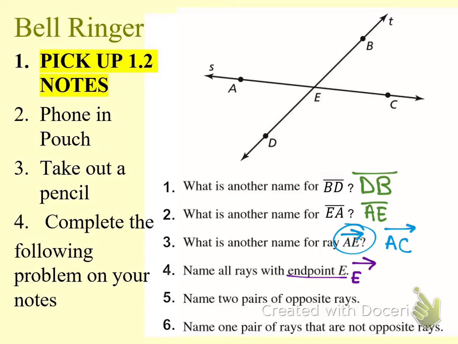It's the same idea, same exact point. So let's name a ray that starts with E. EC is one of them. EB is another. EB, EA, and then yes, ED.